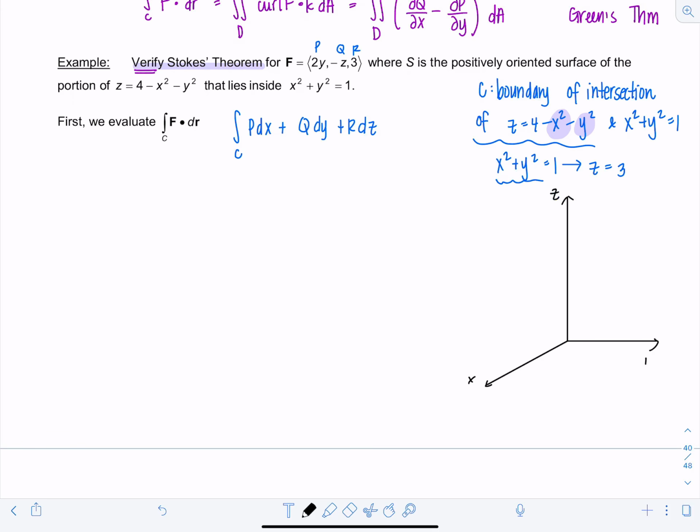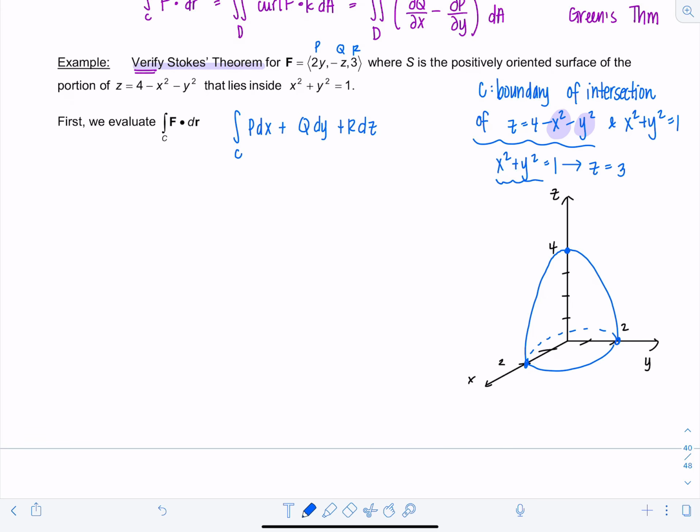Okay, x, y, z. So the paraboloid's been shifted up 4 units. And then in the xy plane, we know it's going to trace out a circle of radius 2. Very good. All right.